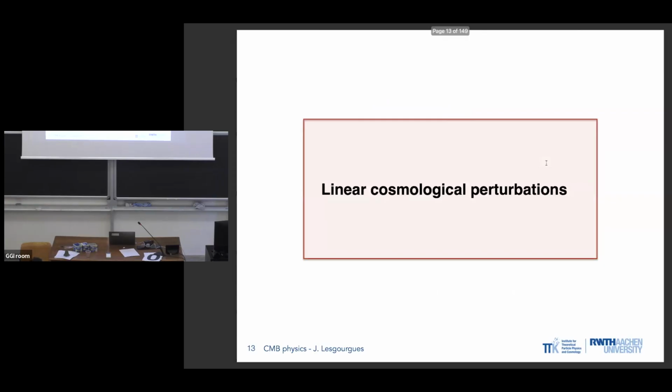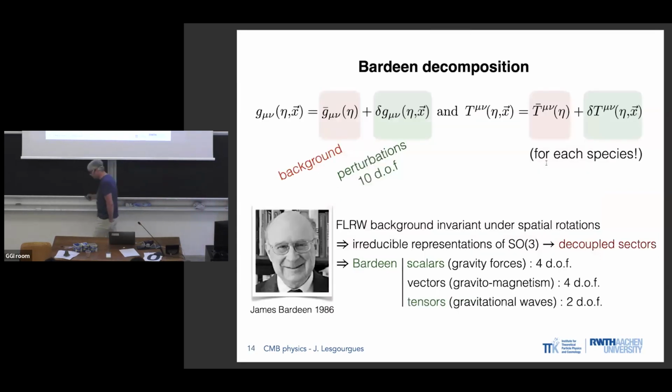Next step. We are going to talk now about linear cosmological perturbations. So most of you already had an introduction to this topic. I will go a bit fast, but I restart from the beginning. So we describe the geometry of the universe with a metric field with conformal time and position.